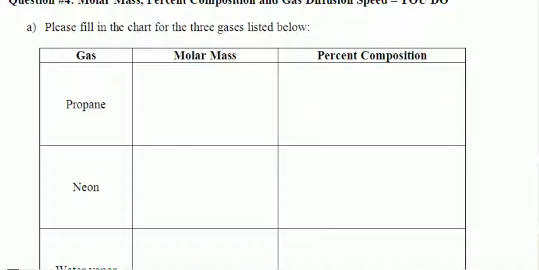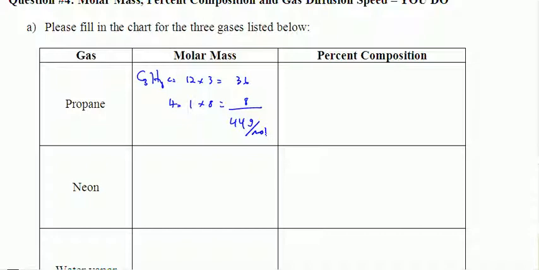Alright, here we go again. Propane gas. Propane is going to be C3H8. So you have carbon, which is 12, times 3, 36. Hydrogen, which is 1, times 8, which is 8. So C3H8 in this case is going to be 44 grams per mole.